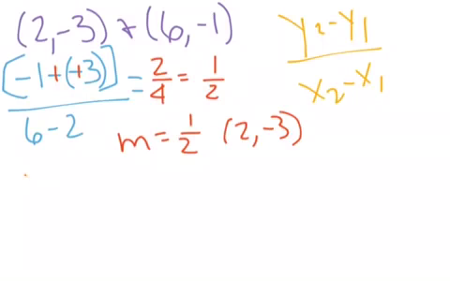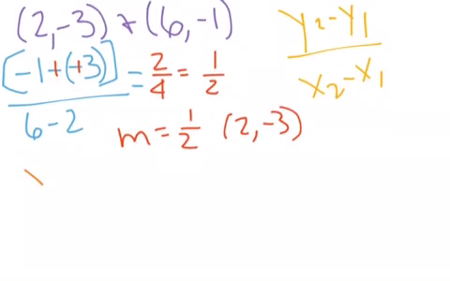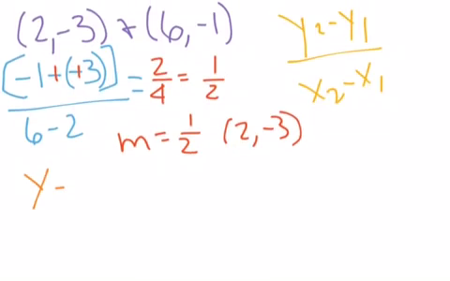Our y1 is going to be negative 3, so y minus negative 3 equals m, or 1/2, times x minus x1.